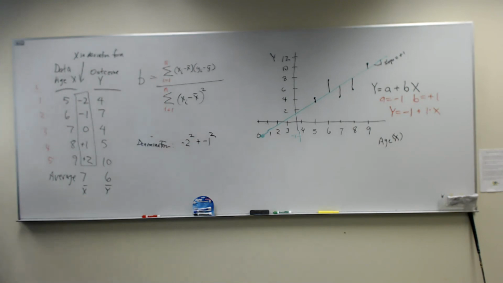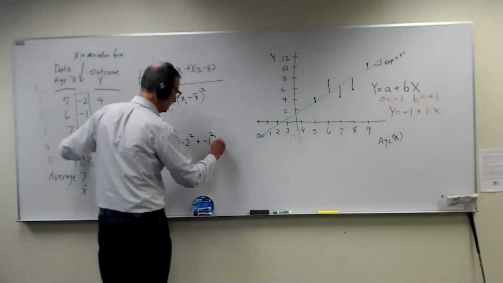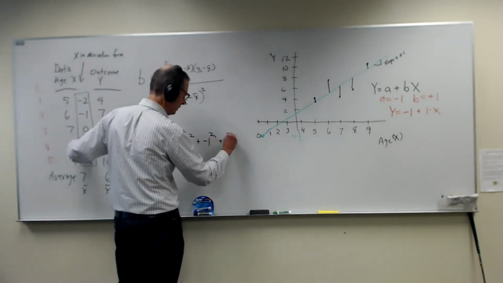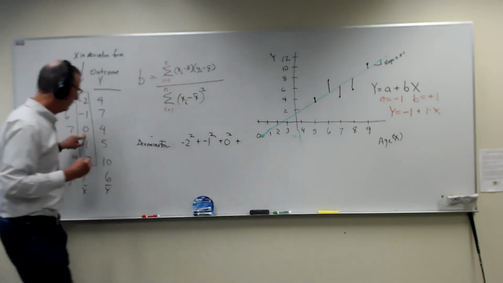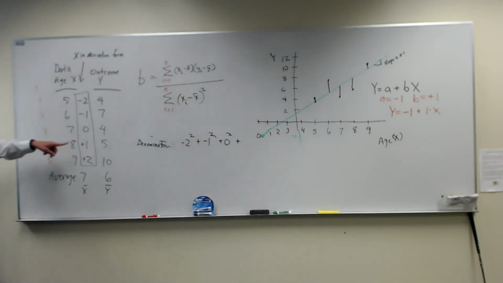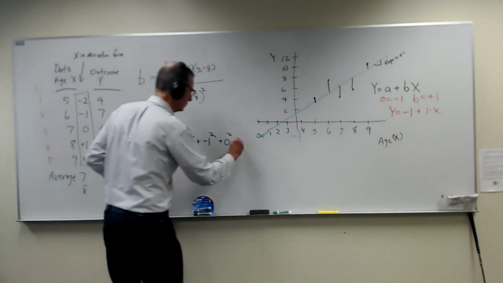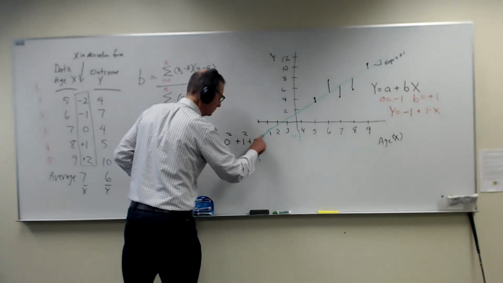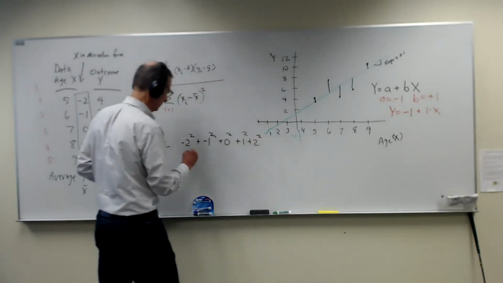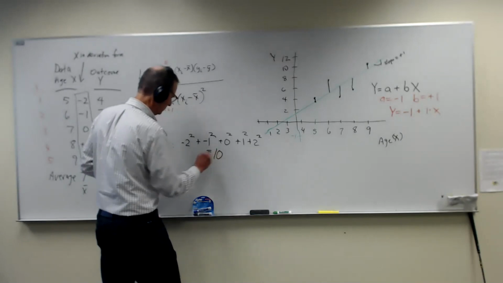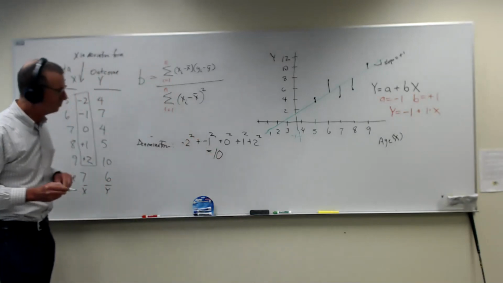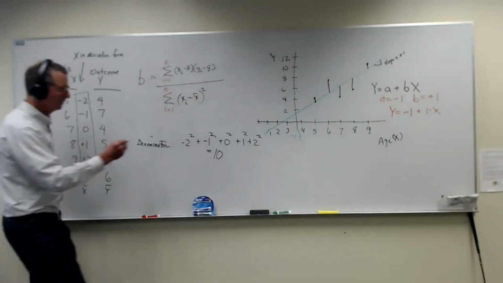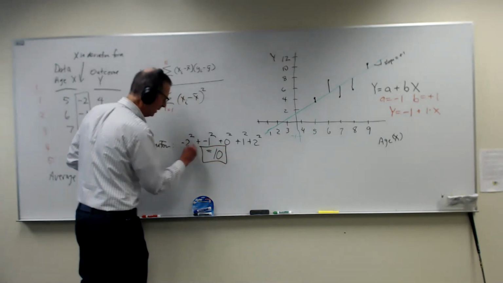Then x3 minus x bar is 0, plus 0 squared, plus x4 minus x bar is just 1 squared, plus 2 squared. It's just 4 plus 1 plus 0 plus 1 plus 4, or 10. That's the value of the denominator.